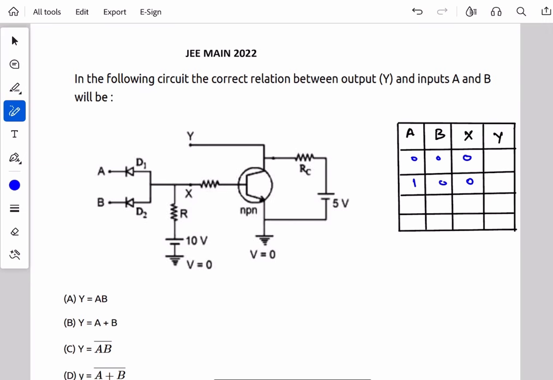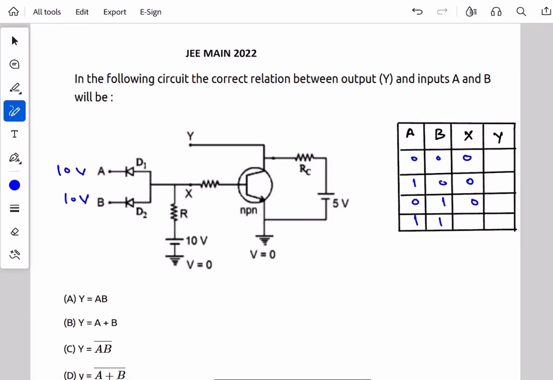Now let us take input A as 0 and input B as 1. This case is similar to the second case. So X would be in the off state once again. Now let us take both the inputs as 1 1. So in this case both the inputs A and B will be at 10 volt.